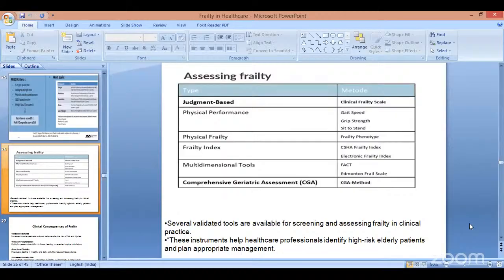Multi-dimensional tools include the Edmonton Frail Scale. And then we will do the comprehensive geriatric assessment, the CGA method. So several validated tools are available for screening and assessing frailty in clinical practice. These instruments help healthcare professionals identify high-risk elderly patients and plan appropriate management.